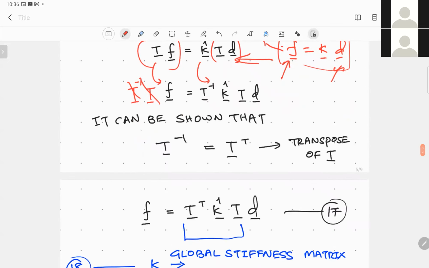We can also show that, though I will not show it here. If you want, you can go through the derivation. We can show that the inverse of this matrix is equal to the transpose of the T matrix. This is the square matrix now.